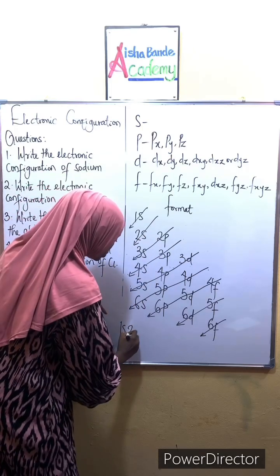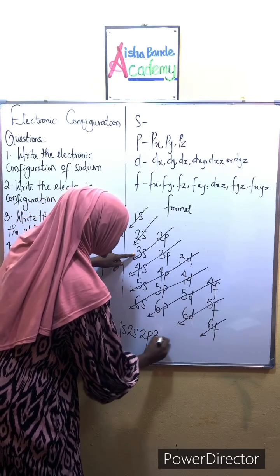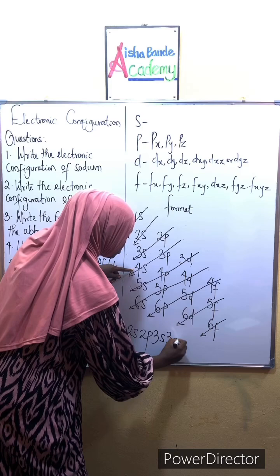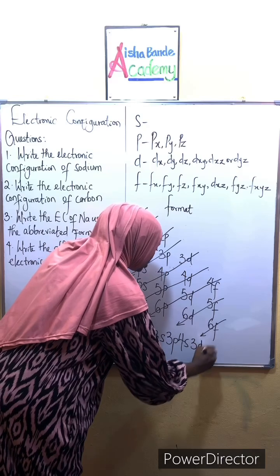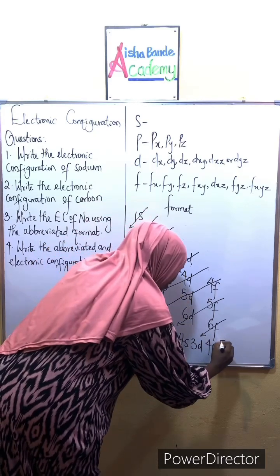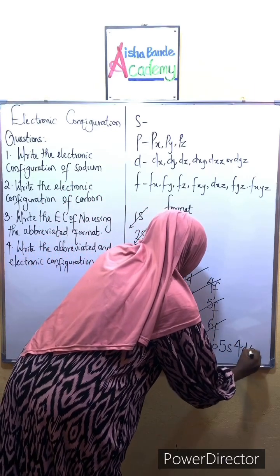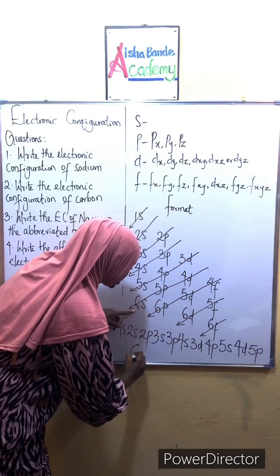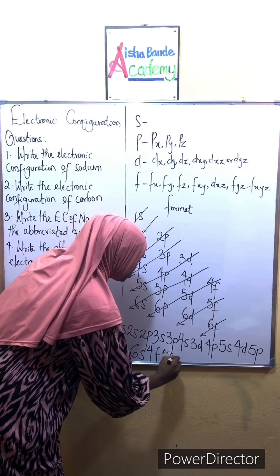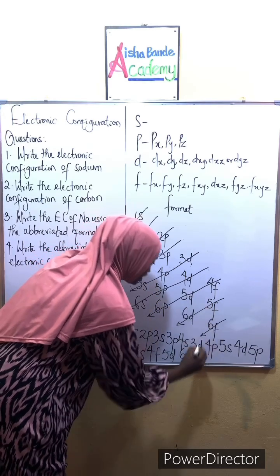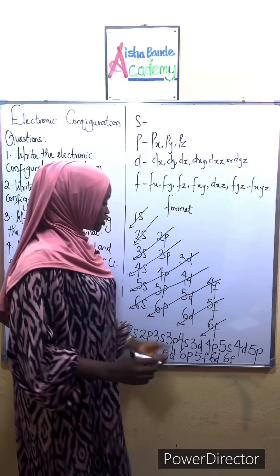The next one that comes is 2s, then followed by 2p, then 3s, then we have 3p, we have 4s, then we have 3d, 4p, then 5s, then we have 4d, 5p, we have 6s, going to the next one, which is 4f, 5d, 6p, then we have 5f, 6d, then the last one, which is 6f. So this is the configuration.